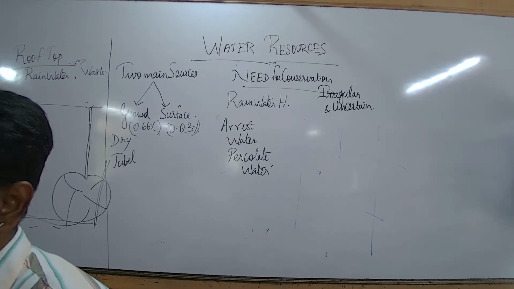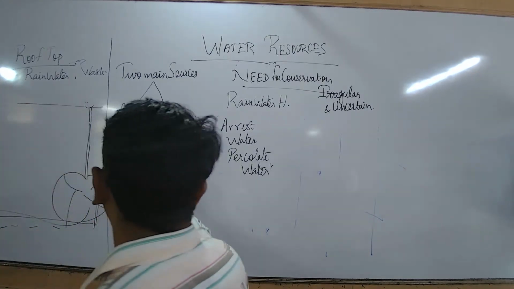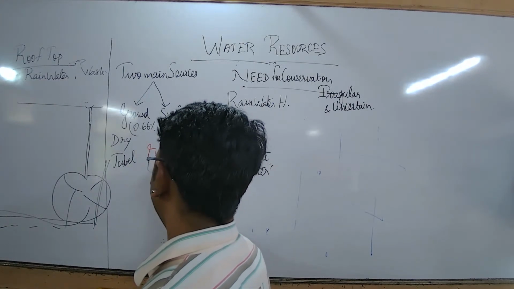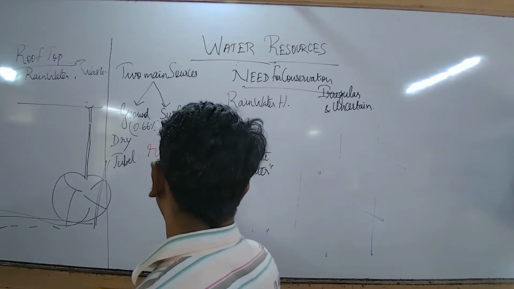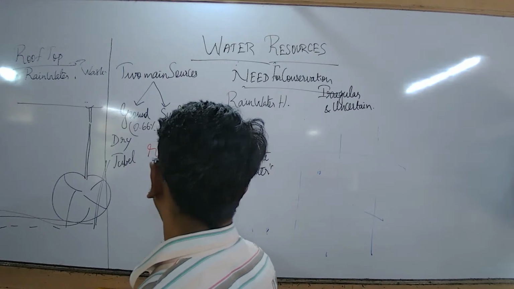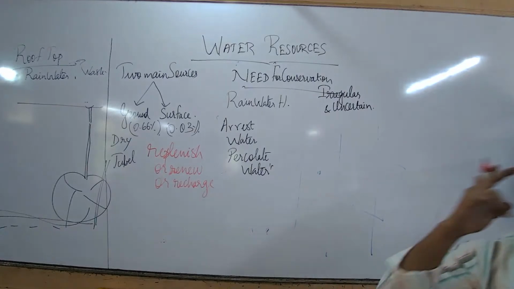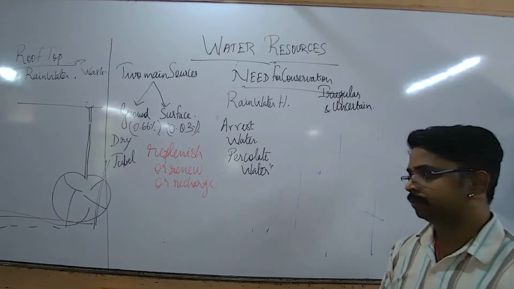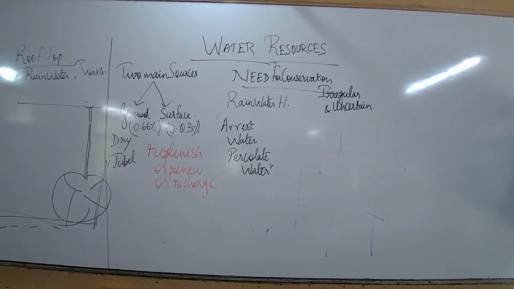RH can replenish. I'm writing that word. I'll explain it soon. RH can replenish or, I'm writing it, renew. This whole word comes in the exam. Or recharge. All the three words are there on the board. Replenish, renew, or recharge the underground water. Change the para. Recharge the underground water.